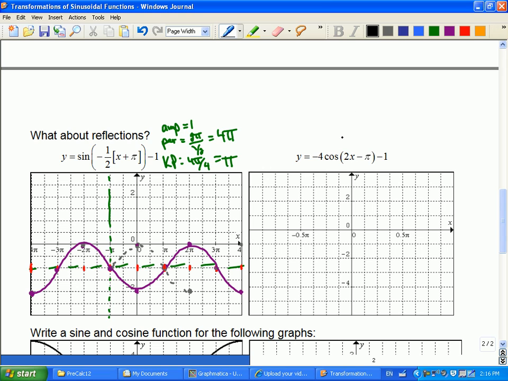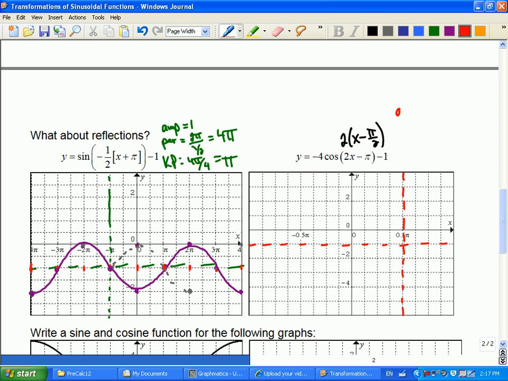Okay, so the first thing is to factor that out. And now I'm going to put down my center line, which is at -1. And my starting line, which is here, oops, sorry, which is here, move to the right by pi over 2.